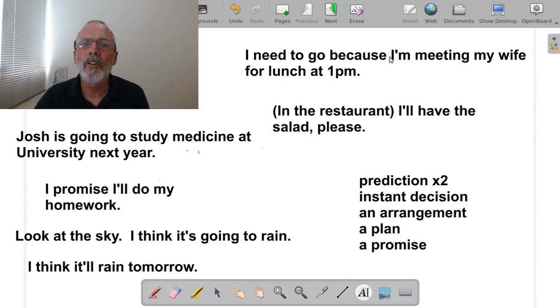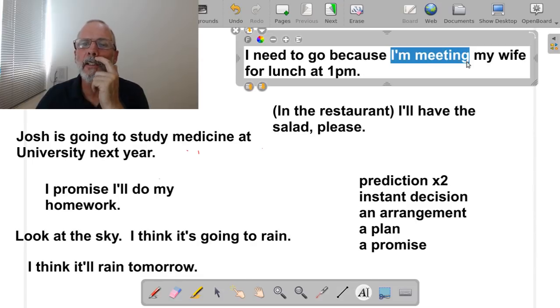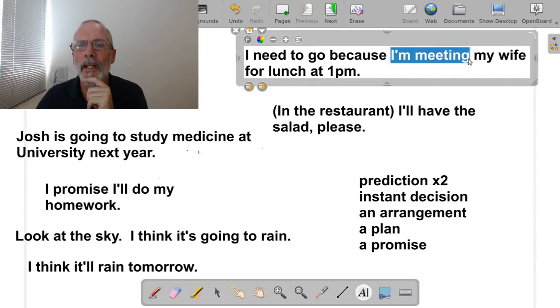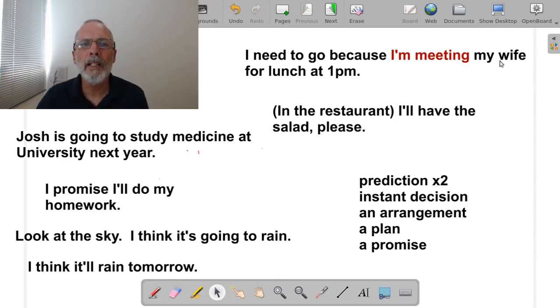No, it's not a plan. Well, it's similar to a plan, but here it's another. This is the structure we're looking at in the first one here. Oh, sorry, I lost it. Let's put it in red. I'm meeting. In a minute, we'll discuss these structures or tenses, if they're tenses. I'm meeting my wife for lunch at 1 p.m.